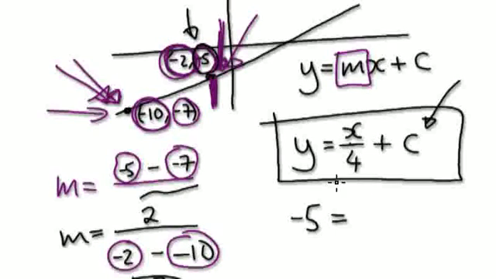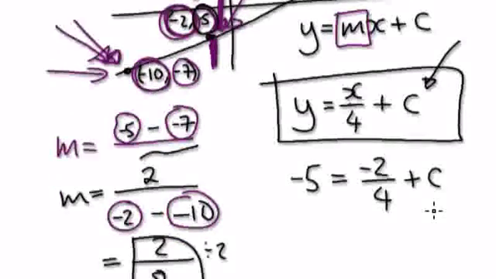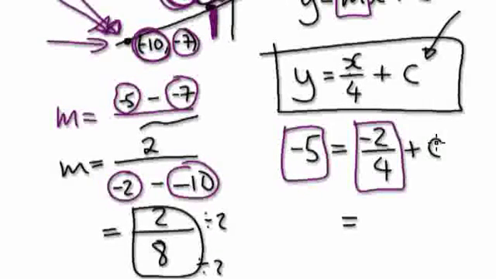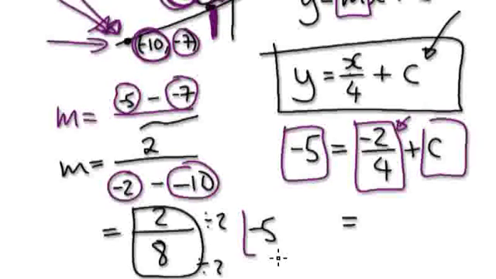Put the minus 5 in here. x is minus 2, so put the minus 2 in here, and then plus c. Now it's just a matter of finding out c. You've got this block equals this plus this. So add this block to both sides. So take the minus 5 down, and then add 2 over 4.